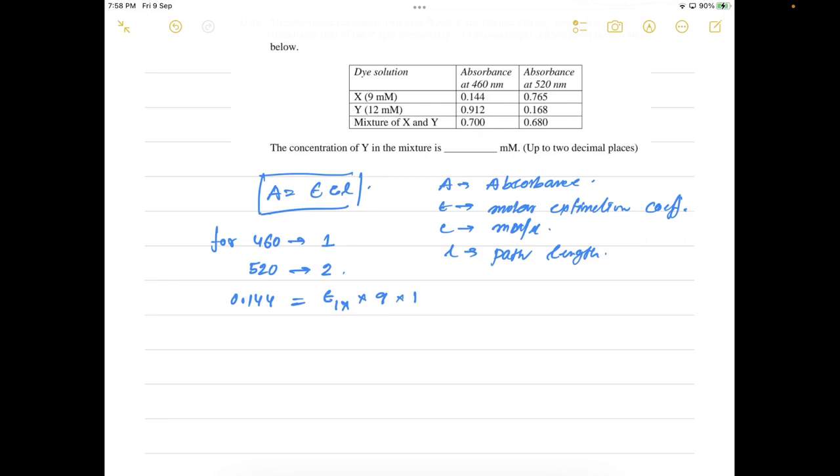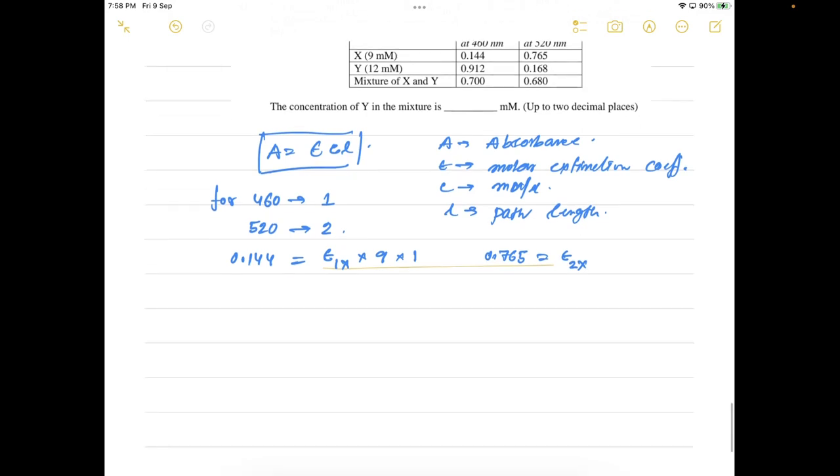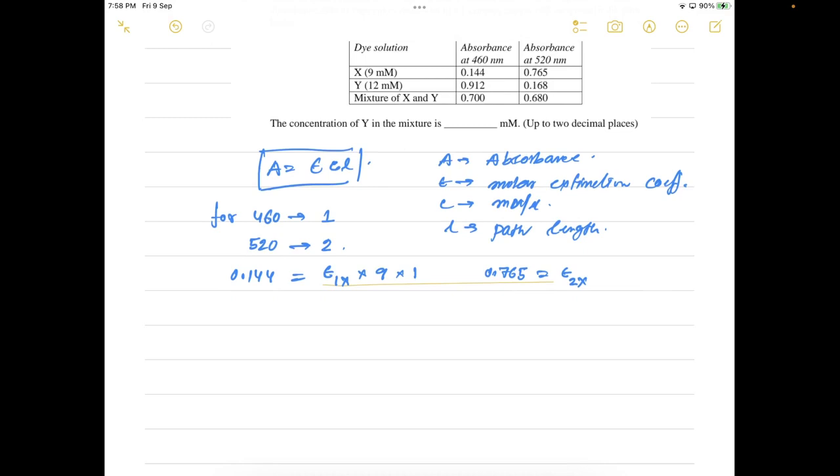Again for 520 nanometer, 0.765 equals epsilon 2x, the molar extinction coefficient of dye X at 520 nanometer, times concentration 9, path length 1.